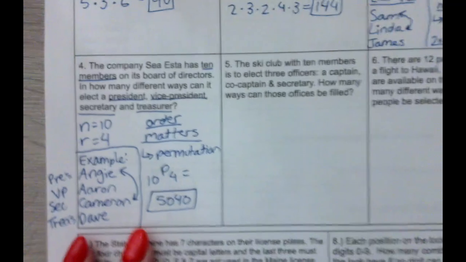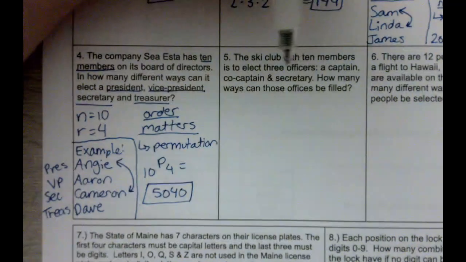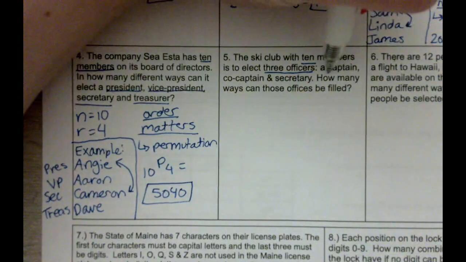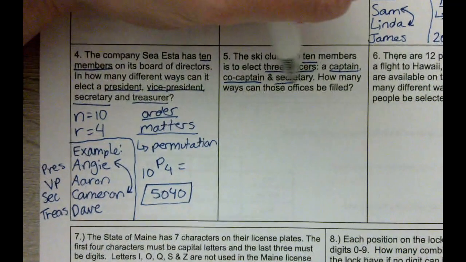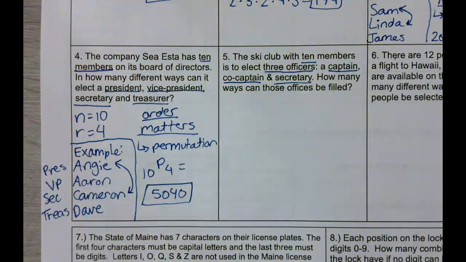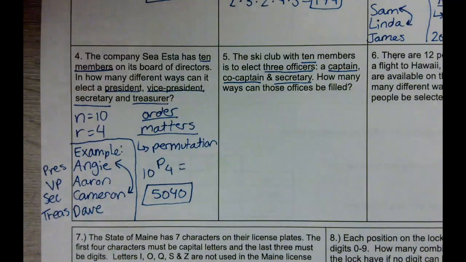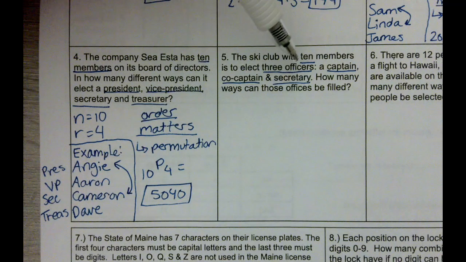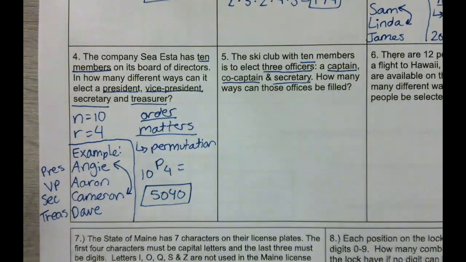Number 5, the ski club with 10 members is to elect 3 officers, a captain, co-captain, and secretary. How many ways can those offices be filled? Once again, we are choosing 3 people and they're going to have titles. So again, it's just like number 4.